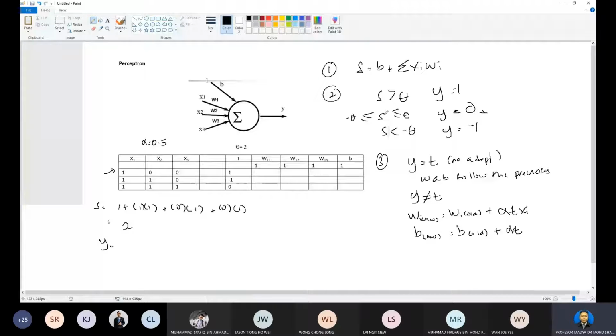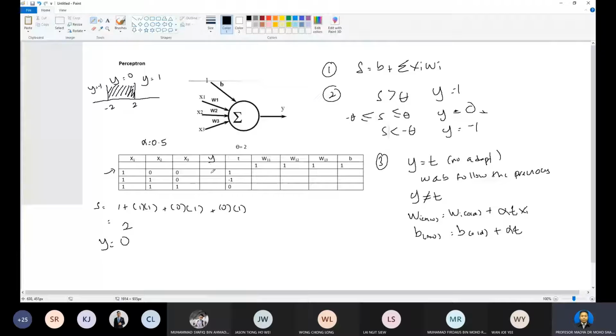So for example, to get the range: this one y equals 1, the middle is y equals 0, which means here will be 2, this one is negative 2, and less than -2 will be -1. So here S equals 2, so y equals 0.